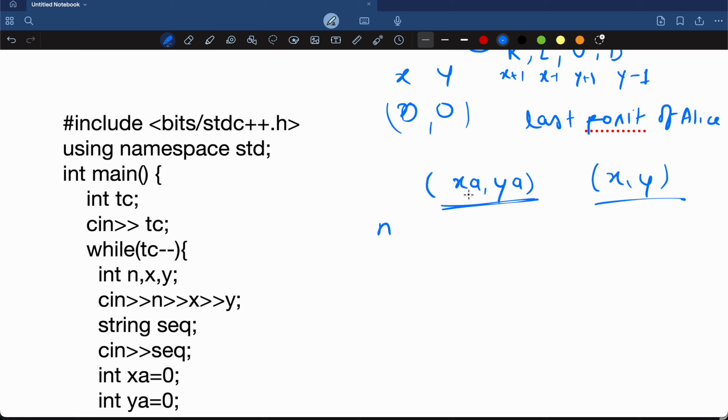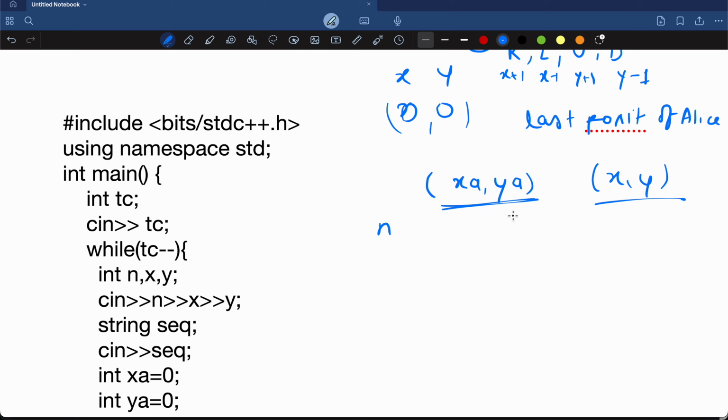By absolute difference I mean I subtract xa from x and keep the positive value. So I check how much difference is between xa and x, and ya and y. Again, this is the final position of Alice and this is the initial position of Bob. We are trying to move Bob from the final position of Alice to his initial position.